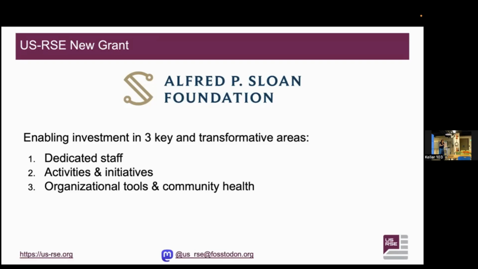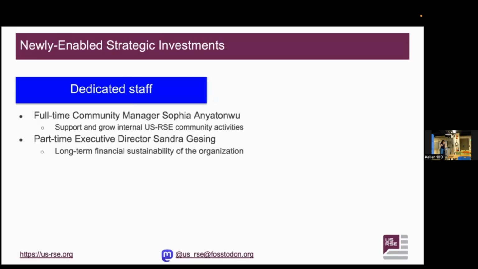We don't want our members to burn out because they're enthusiastic and then need to do so much. So we have a full-time community manager, Sophia Anya, and she supports and grows the community activities internally. And my responsibility is the financial sustainability of the organization.